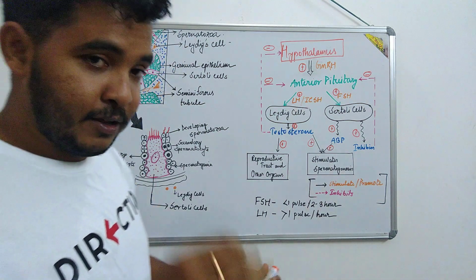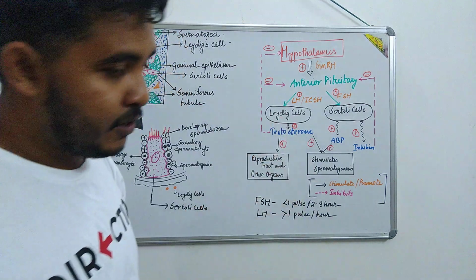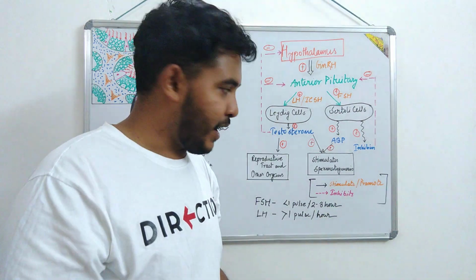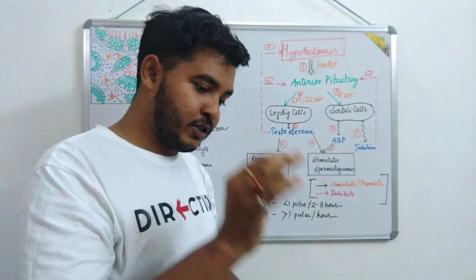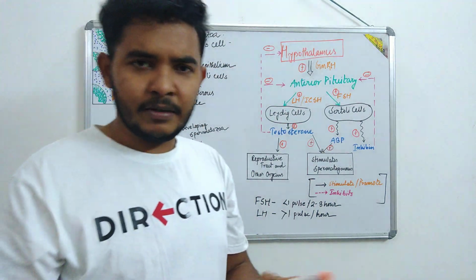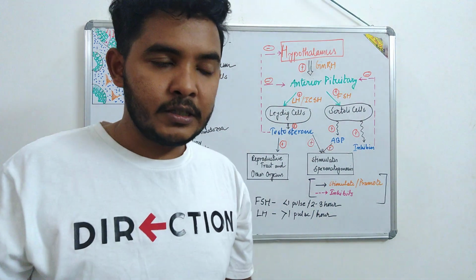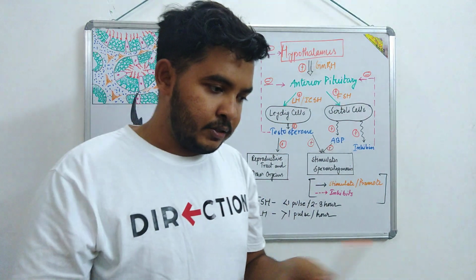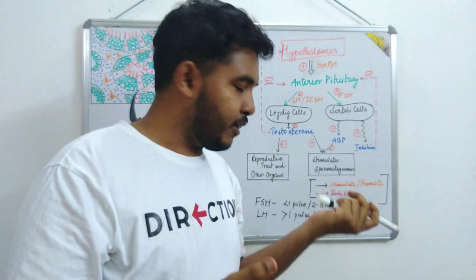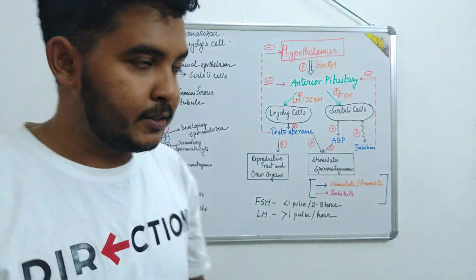So always remember that the Leydig cells produce testosterone, and Sertoli cells produce ABP and inhibin. These are the most important things for all classes. Be it class 11, I think there is also endocrinology in the last chapter. Class 11, 12, and also for the graduation classes you can follow it.